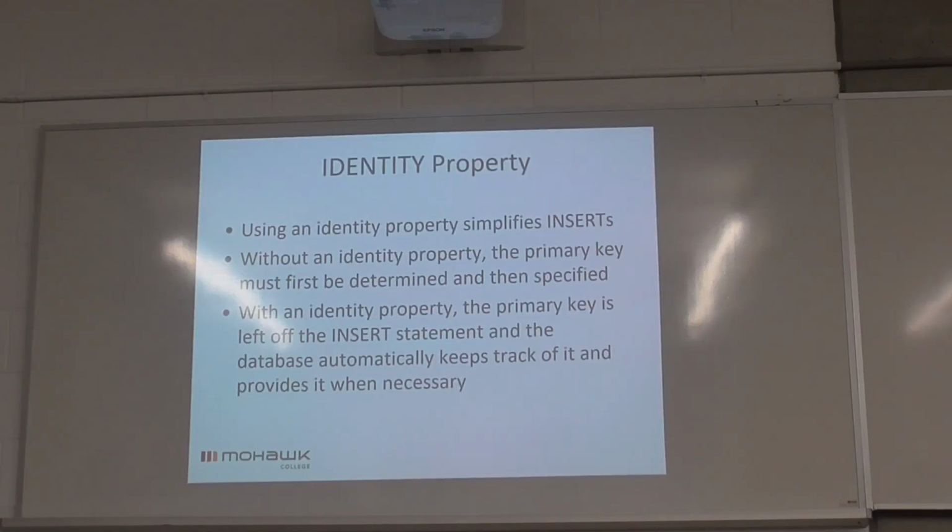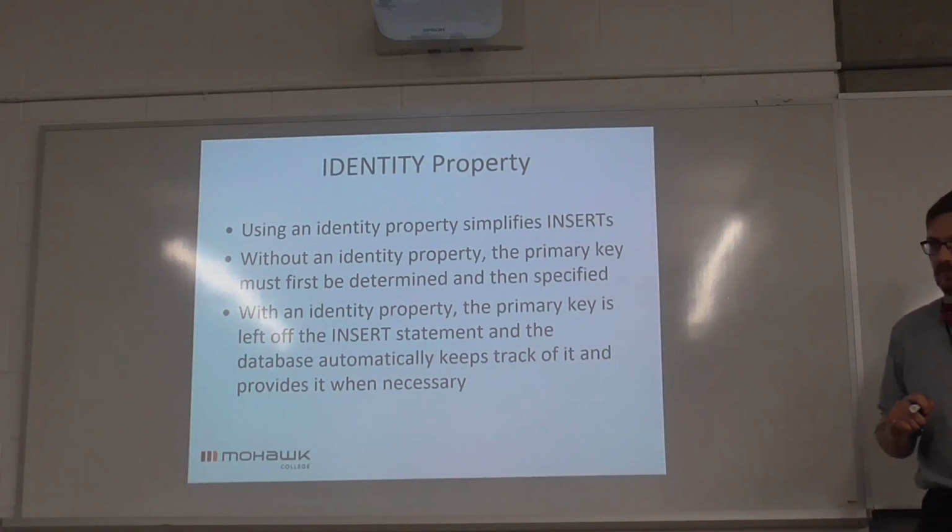Using the identity property is highly recommended. If you wanted to create a sequential ID number without using the identity property, anytime you insert anything into the database, the first thing you would have to do is perform a select query out of the database to see what the next number should be, right?